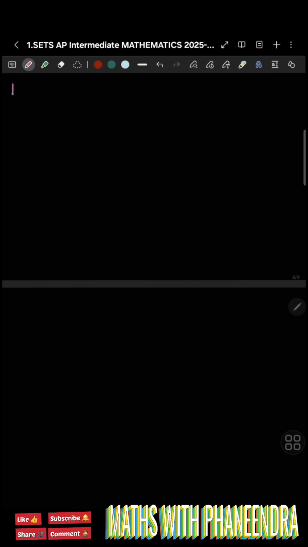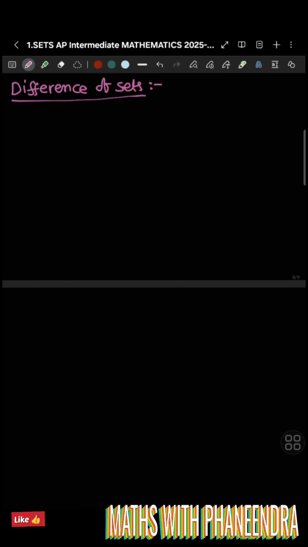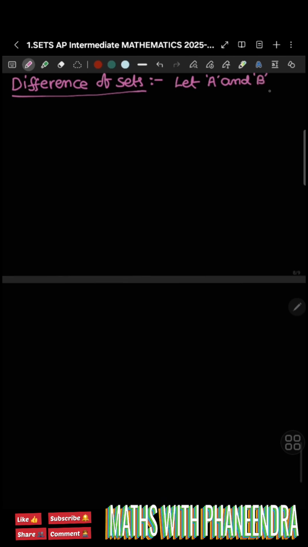Difference of sets. In difference of sets, we have to consider two sets here also. Same thing. Let A and B be two sets.